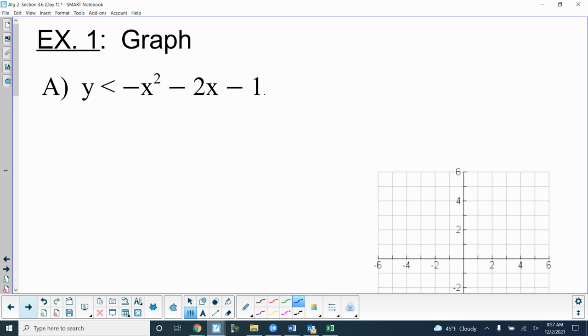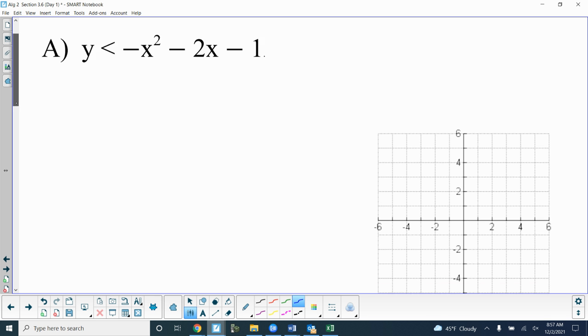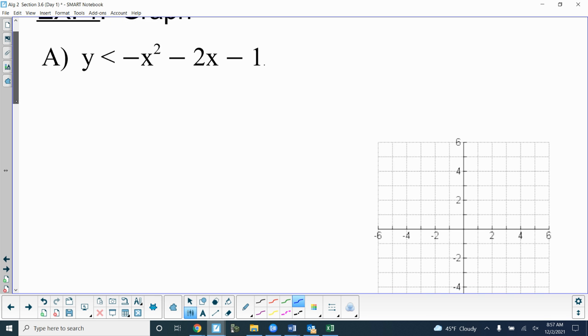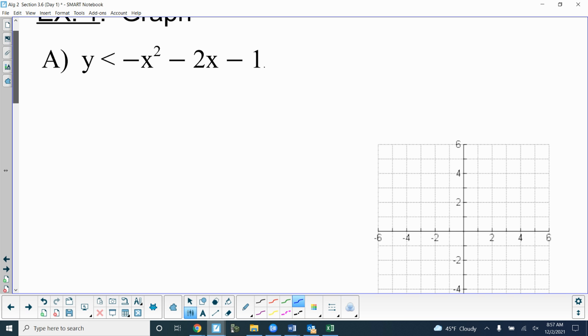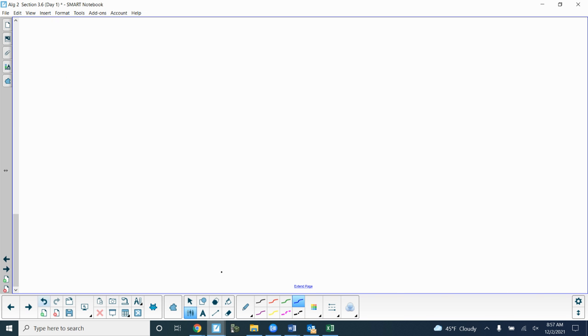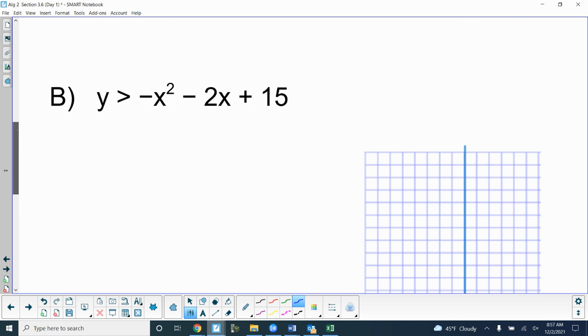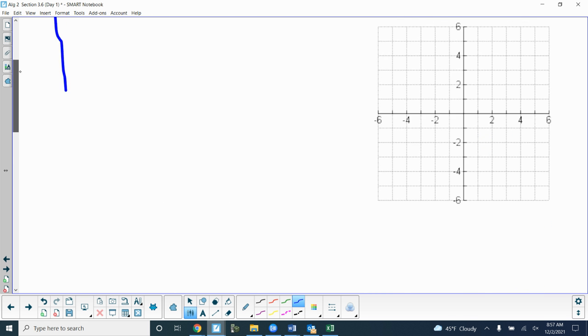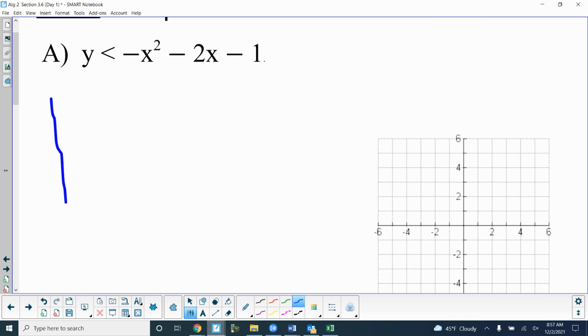So, to graph this, I'll just graph it by hand, but there's another way you could do it. The way we first learned how to graph these, we started by finding the axis of symmetry.